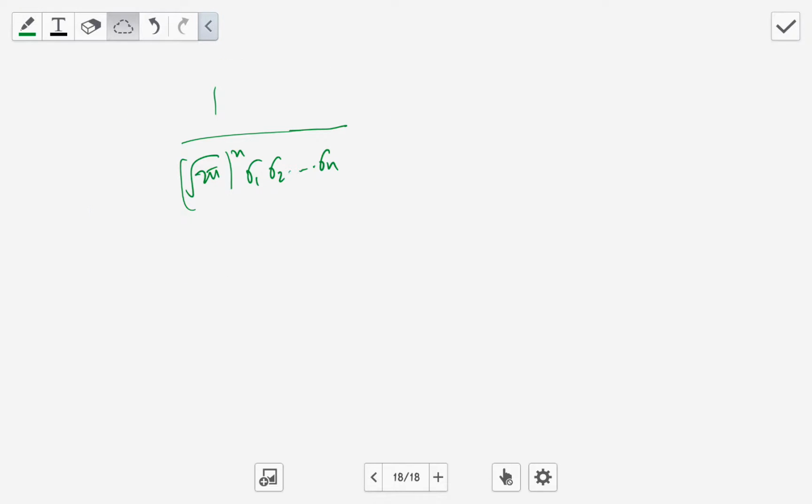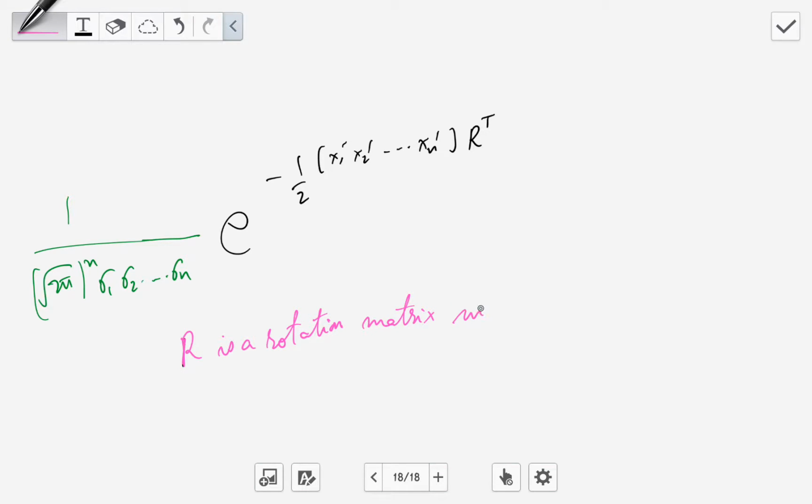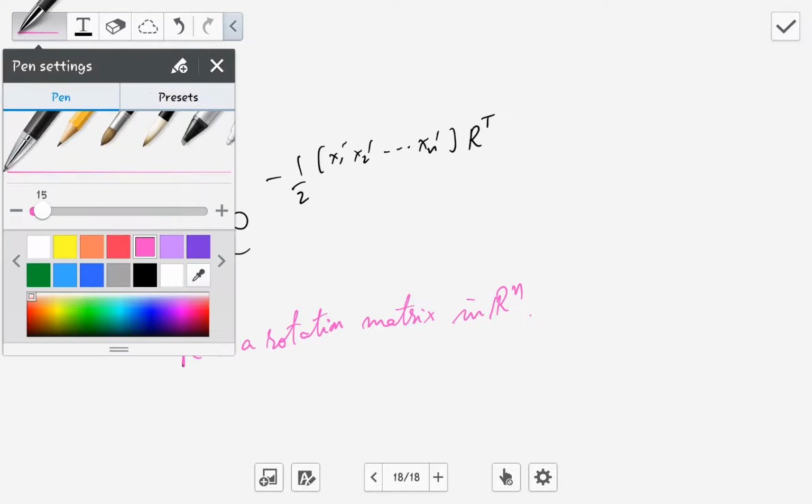And after that, you will have e to the power minus half times x1 dash, x2 dash, and so on up to xn dash, times R transpose, where R is a rotation matrix in Rn.